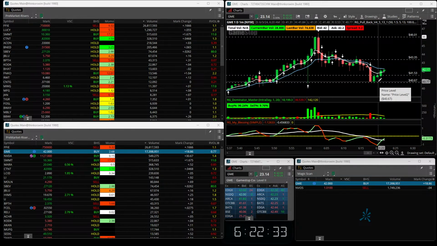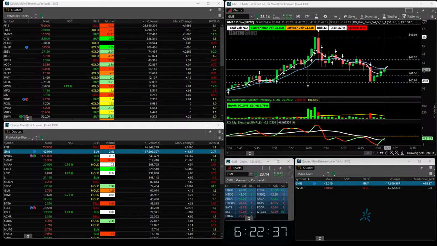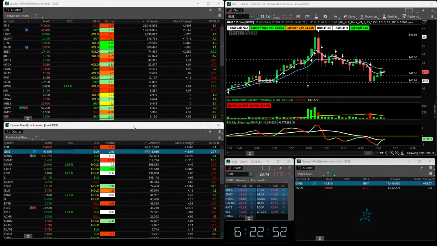GME pulled all the way down to $40 and is now working its way back up slowly. I would not take an entry here. Not unless we have another rush of buyers and sellers.